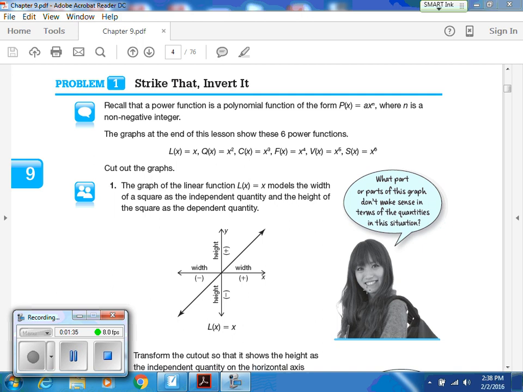What is the end behavior of an odd function? Right, it's like this, or it's like this, right? What's the end behavior of an even function? Like that. Like this, or like this, right? This is a cereal bowl or an umbrella.